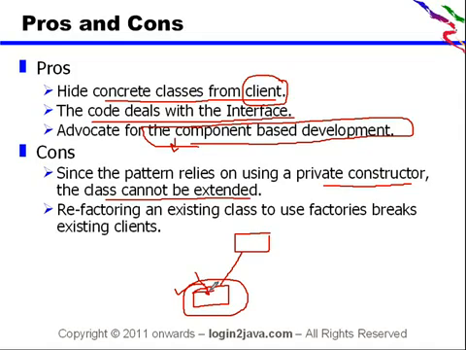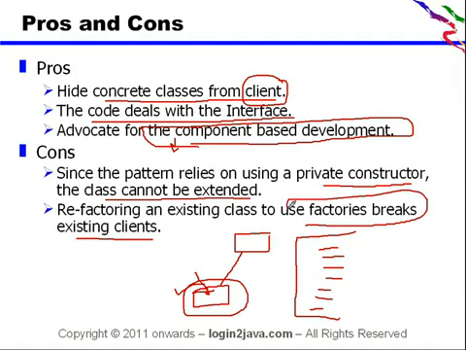So we need to make the constructor private. So you cannot extend it. Refactoring an existing class to use factories breaks the existing clients. So if you have an existing application and you are creating objects at so many places, and you want to convert it to factories, your existing client code needs a lot of changes and refactoring.